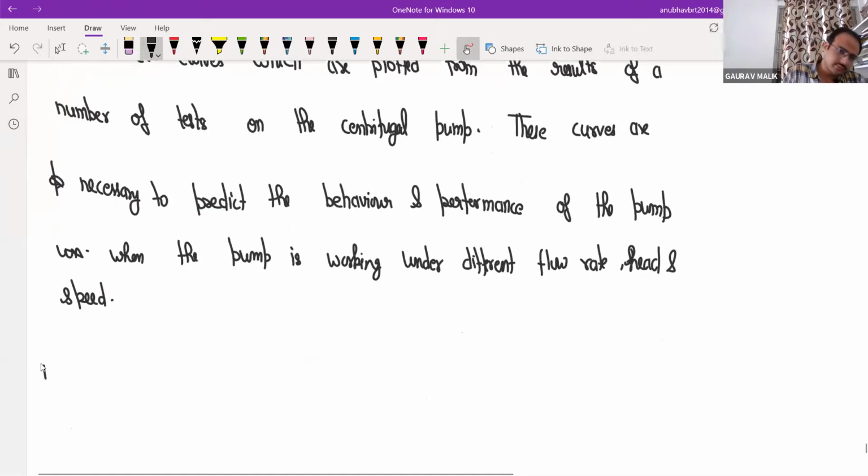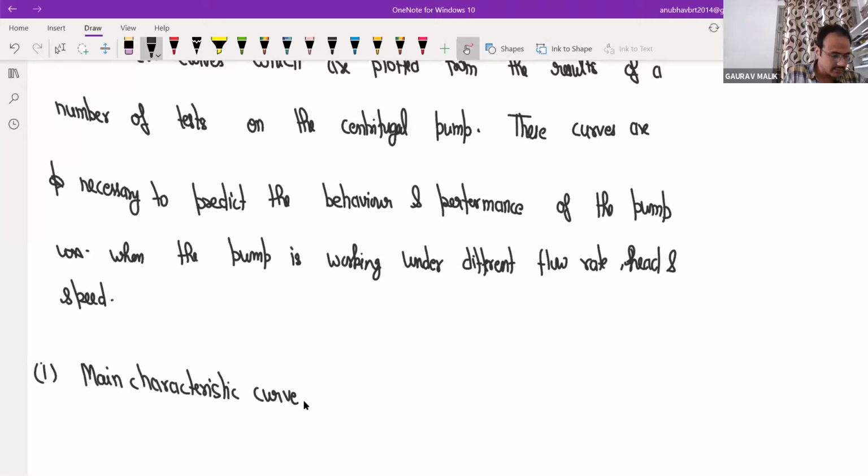Write down first one, main characteristic curves.